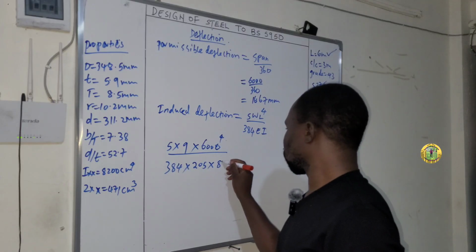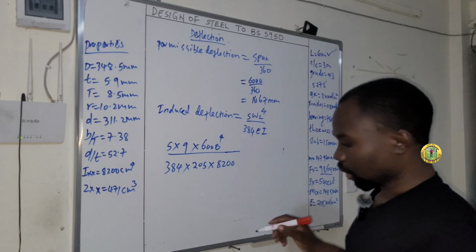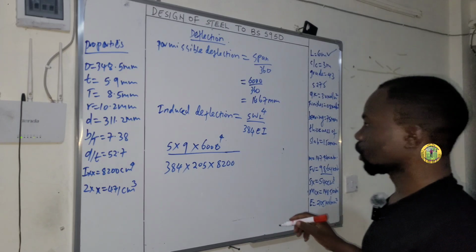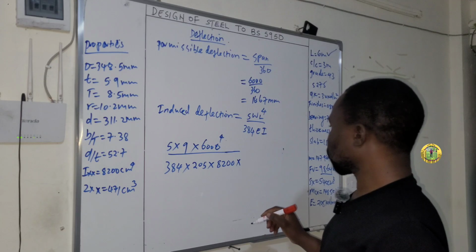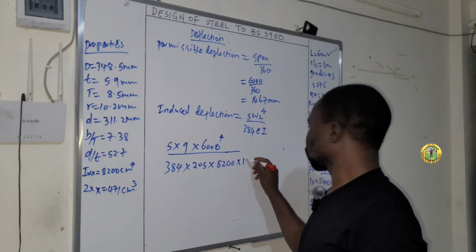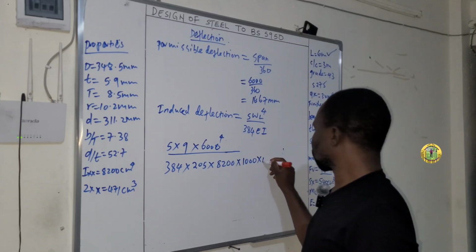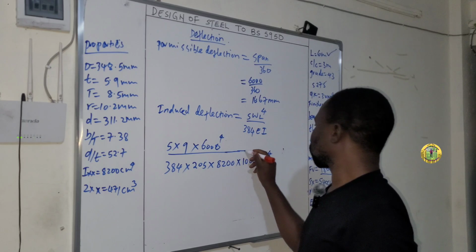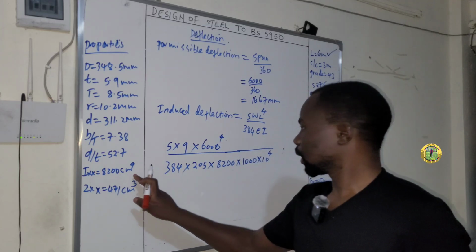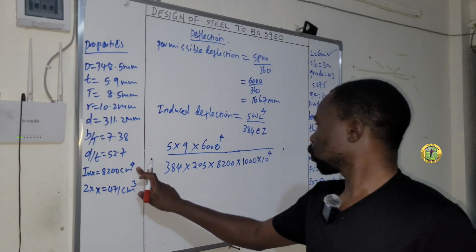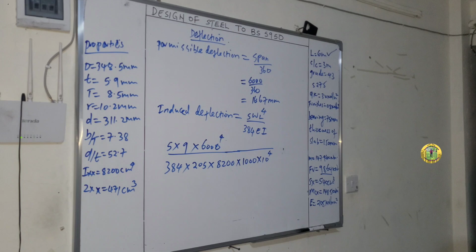8200 times 1000 times 10 to power of 4. So this 10 to power of 4, we are changing this centimeter raised to power 4 to millimeter to power of 4.